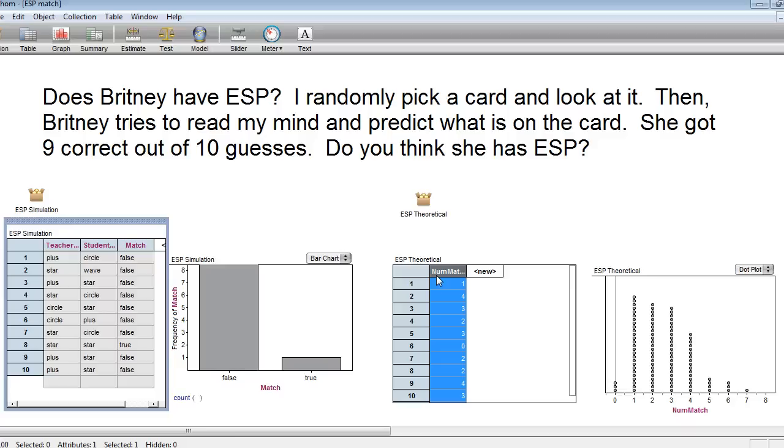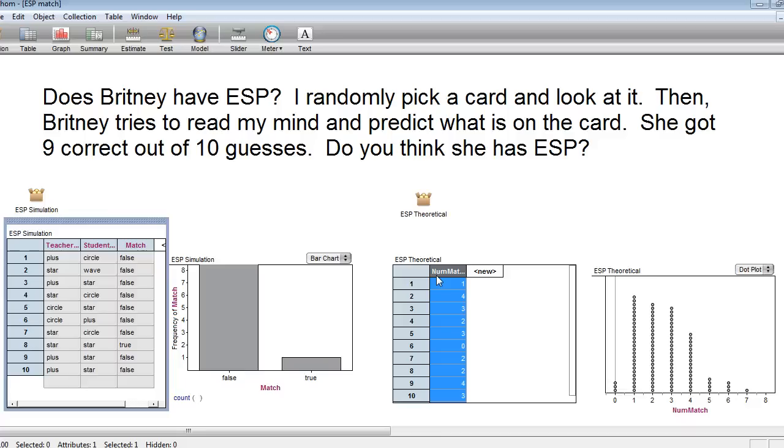The probability is fixed at 25% each time, and I'm going to randomly pick a card, so the probability of me picking an individual card is 25%, and if she were just to guess, the probability would be 25% each time. So the probability of success is fixed at 25%. Probability of failure, not getting a match, is 75%, 3 out of 4, 75%.